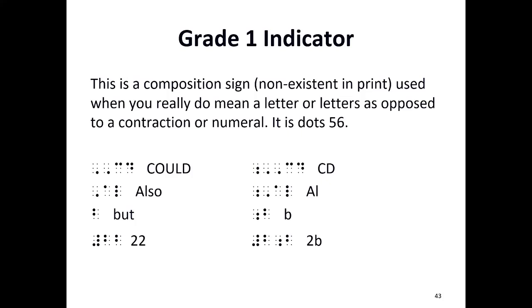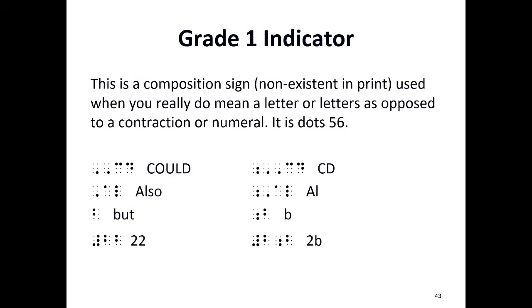But suppose you really do mean CD, compact disc, certificate of deposit, something else that uses the letters CD. You don't want it to be read as could, you want it to be read as CD. That's when you use this grade 1 indicator, you put that in front of all of that Braille to mean that what follows next is not a contraction or a number.